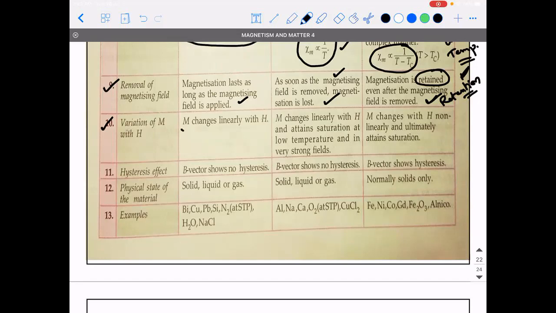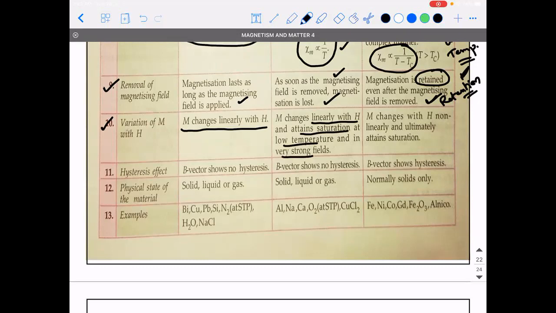In the case of a diamagnetic substance, M changes linearly with H. Means as H is increasing, M will also increase linearly. Whereas in the case of a paramagnetic substance, M will change linearly with H, but there is one important thing: it will attain saturation at low temperature and in the presence of very strong fields.